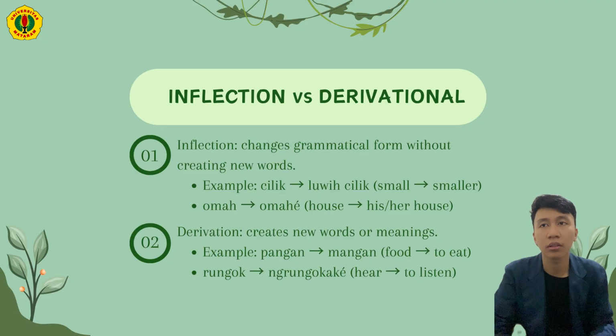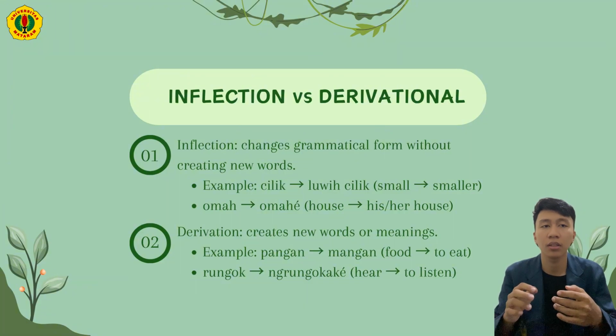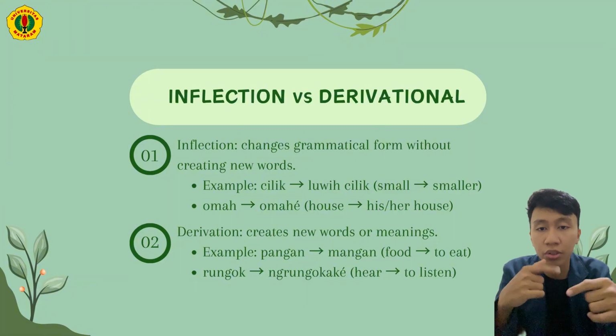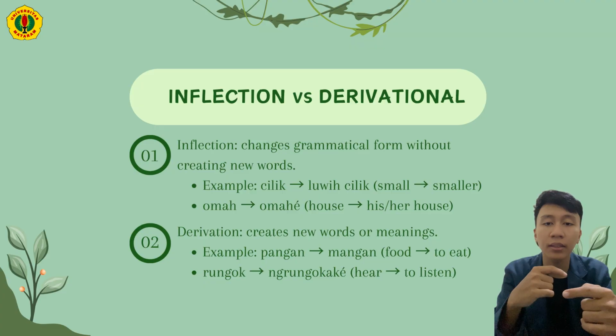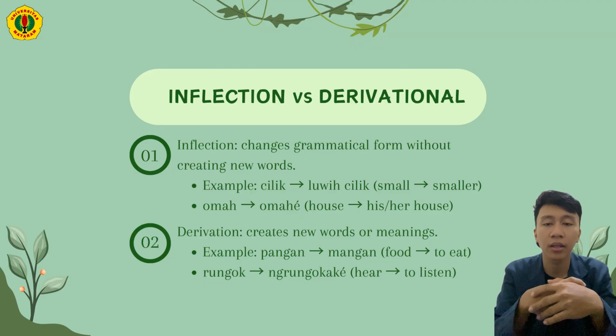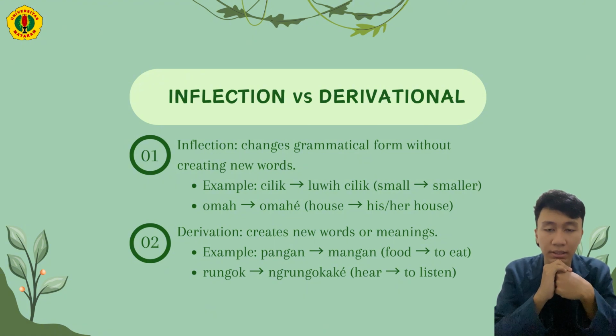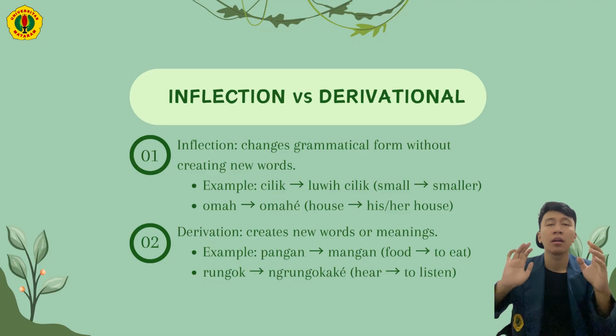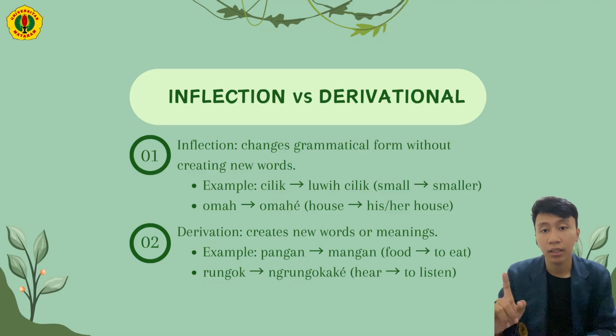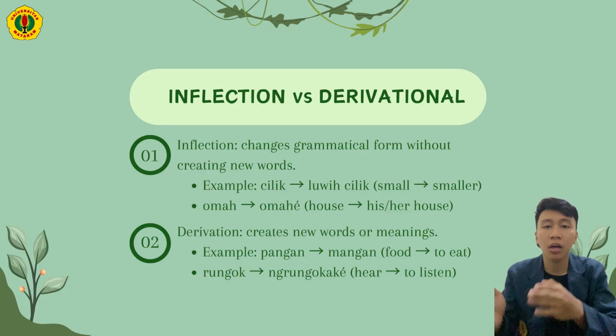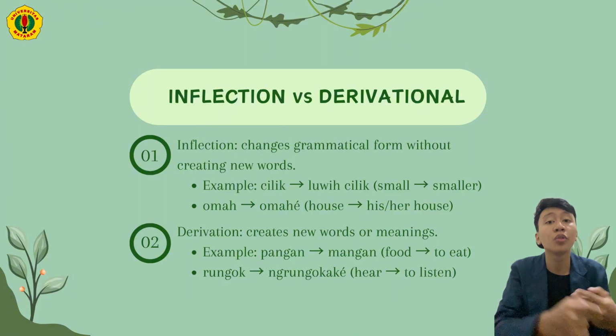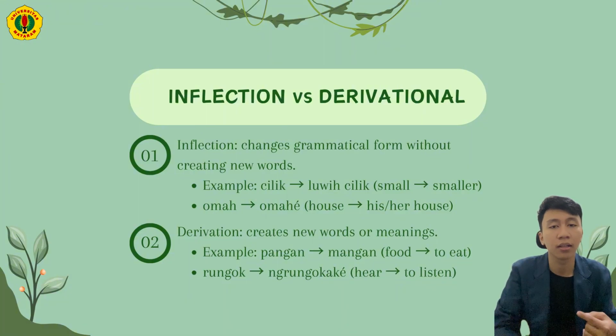On the other hand, derivation creates new words with new meanings, often by changing a prefix or a suffix. For example, pangan, which means food, becomes mangan, to eat.